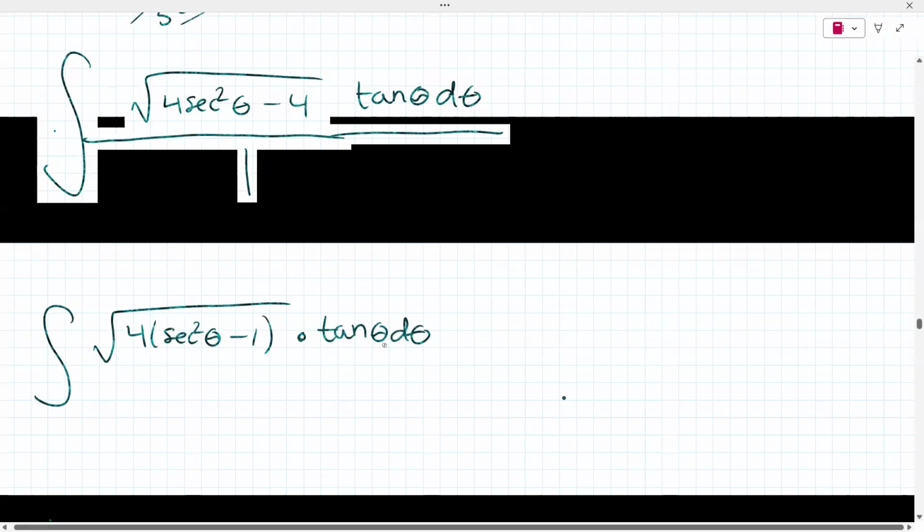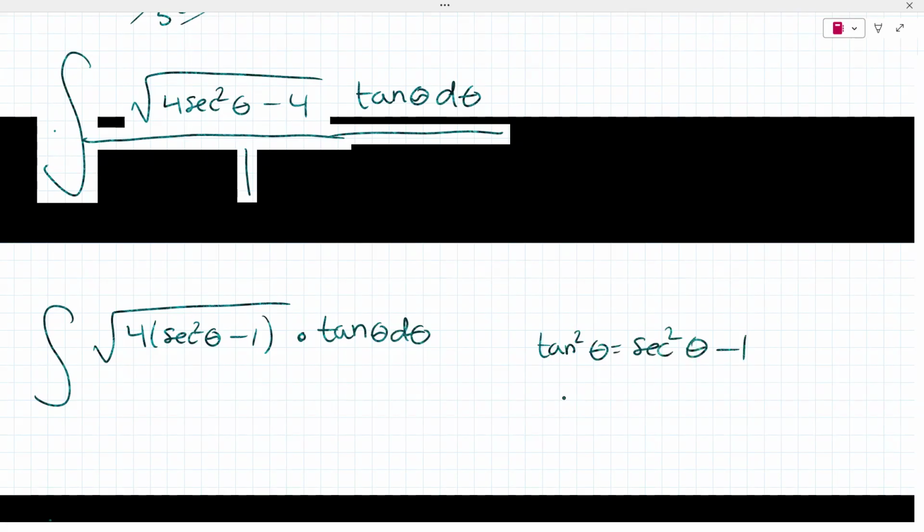So any identities we can use? Yes, we know that tan squared theta is equal to secant squared theta minus 1.